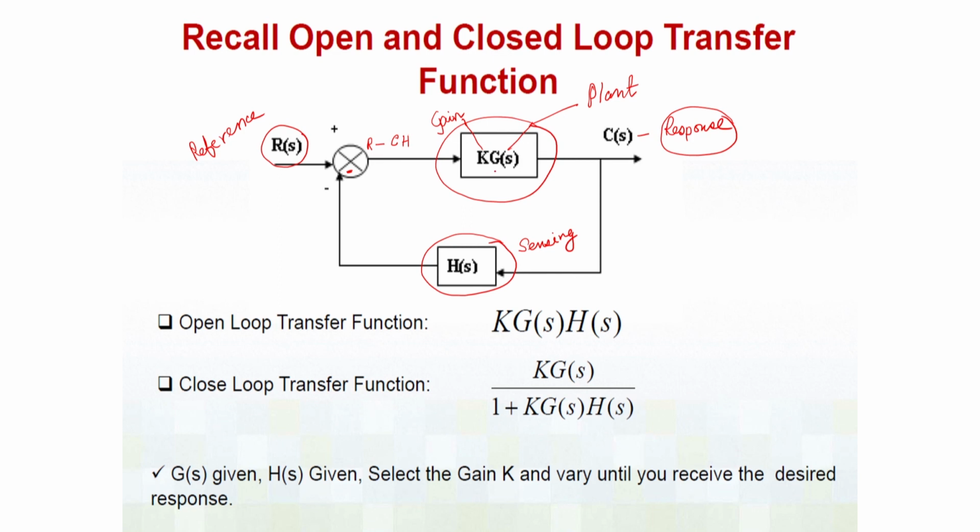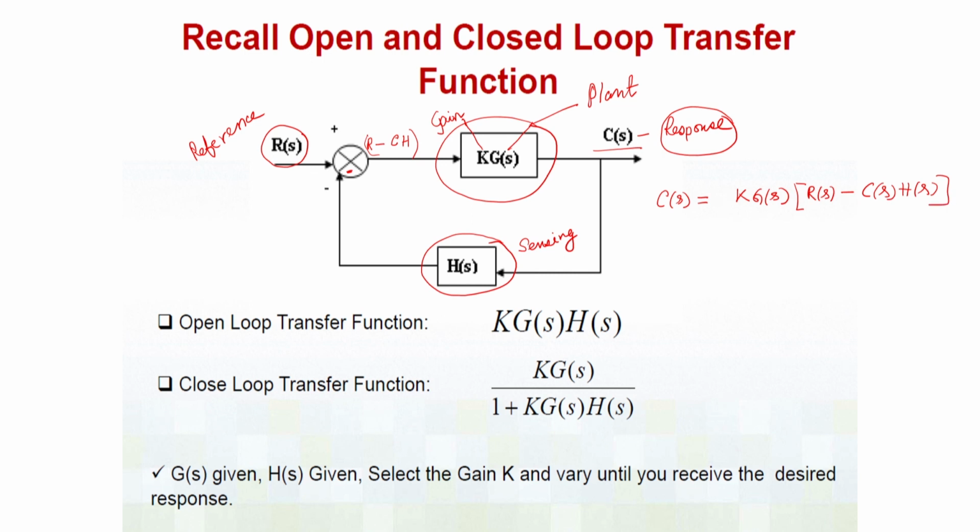Now, K G(s), because all of them are Laplace transforms, I can do linear operations. So, K G(s) times this R minus CH is nothing but the response of the system. So, I can also write that the response that I am seeing is nothing but K G(s) times R(s) minus C(s)H(s).